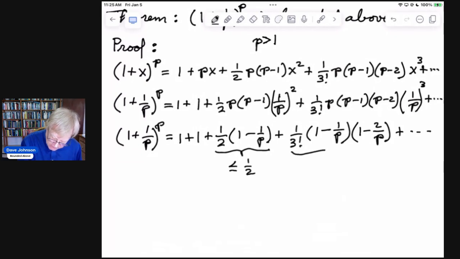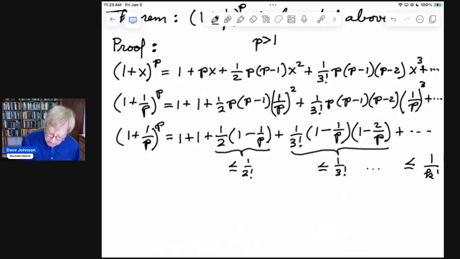And this factor is going to be less than or equal to 1 over 3 factorial. And really, I could write this as 1 over 2 factorial. So let me clean that up just a bit. And if we keep going, we would get less than 1 over k factorial.